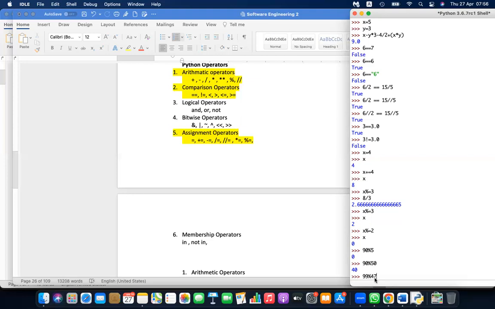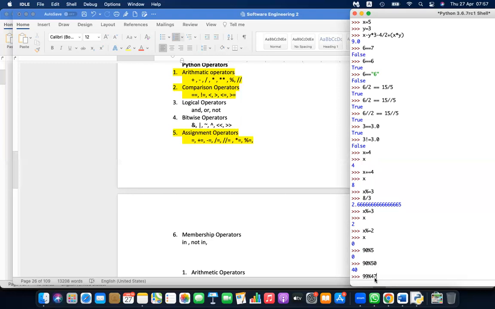What is the modulus 47? 5. 47 plus 47 is 94.